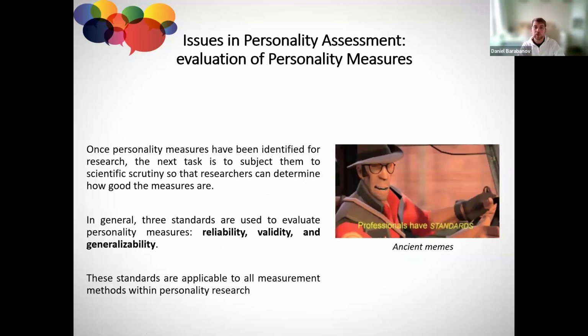When we try to evaluate personality measures, we have different measurement techniques for measuring different personality traits, characteristics, and variables. We evaluate those measures by three different standards. The first one is reliability, the second is validity, and the third one is generalizability.